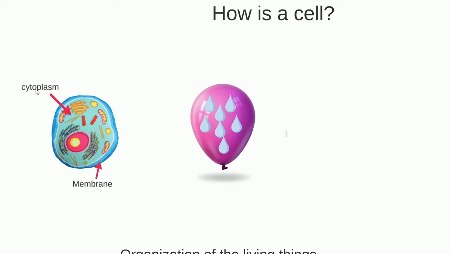Cyto means cell in Latin, and plasm means liquid in Latin. So cytoplasm means liquid from the cell. Very easy name if you know Latin. So it's not water exactly, but it's a jelly-like substance. It's like jelly, and the composition is very similar to water.